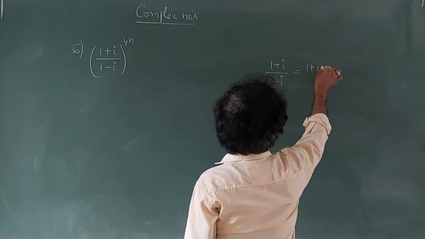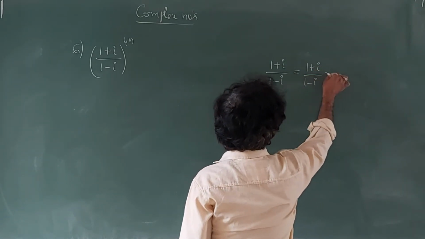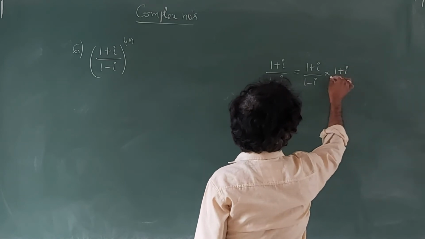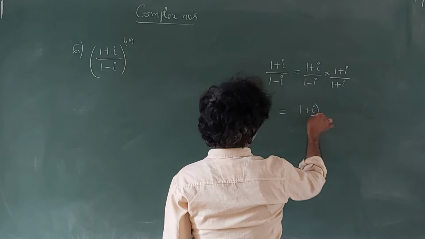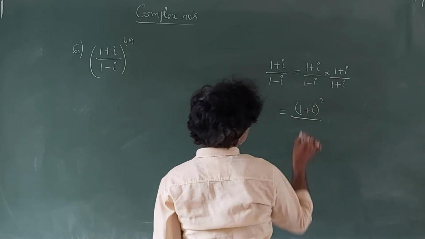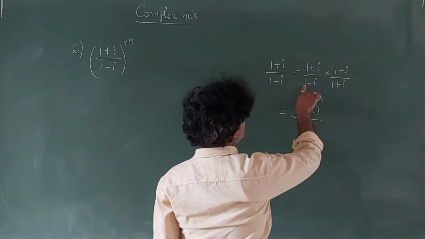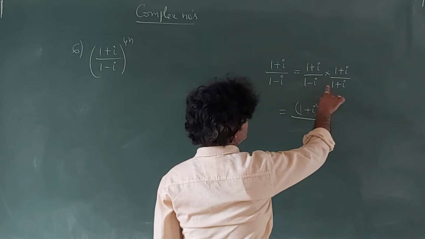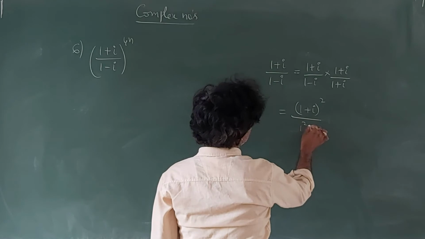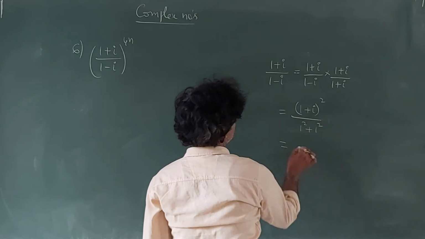So multiply and divide with 1 plus i. Our numerator is 1 plus i into 1 plus i, 1 plus i whole square. Denominator, as earlier, a minus ib into a plus ib is a square plus b square.